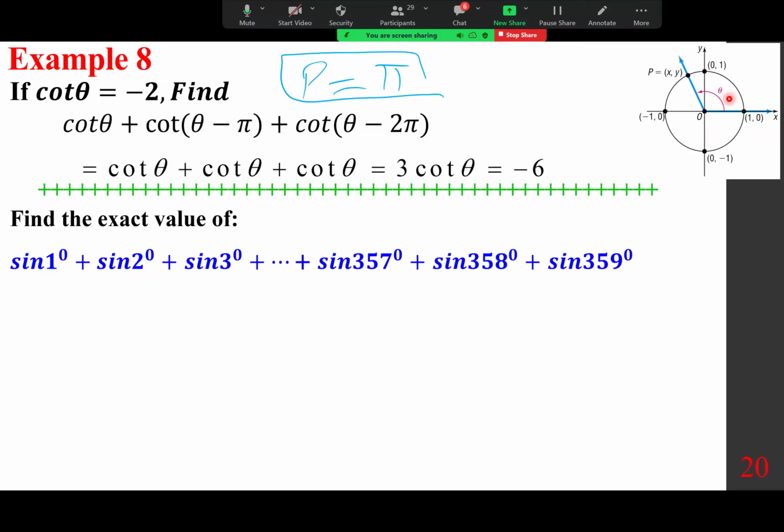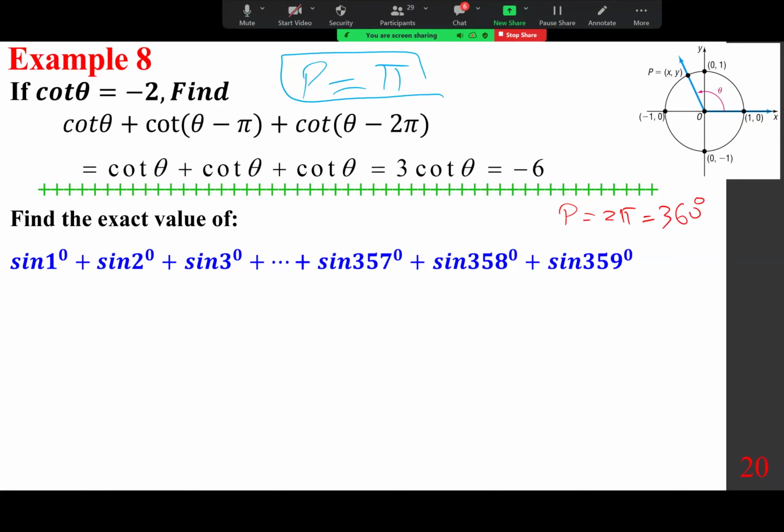I want you to see that if I go 357 degrees, I have 3 degrees left to get to 360 degrees. Again, for sine, remember the period is 2 pi or 360 degrees.